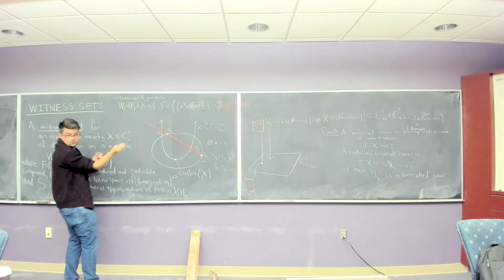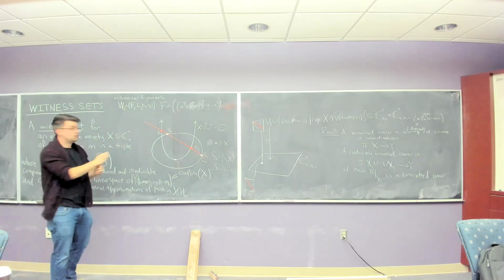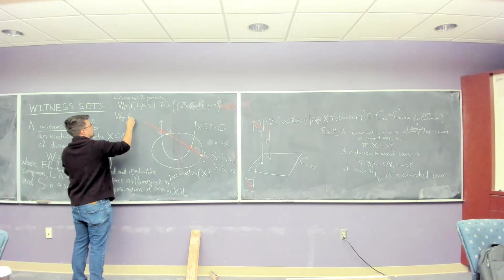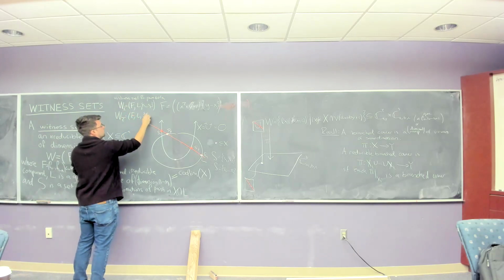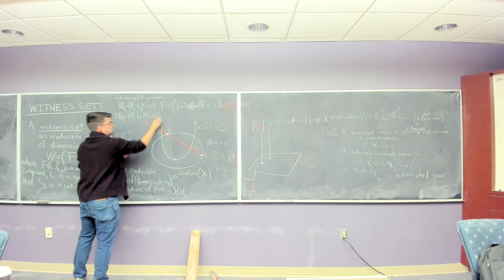Call that F W. That's a witness set. This is a witness set for the circle.